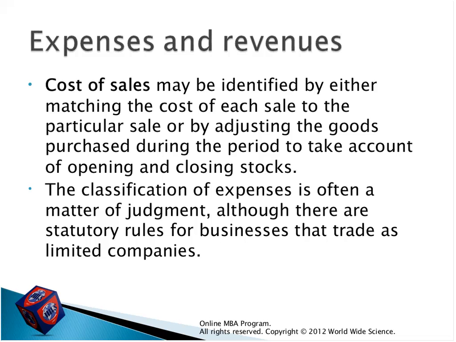So opening means at the start of the year, we make a calculation of how much we have in inventories, in our stocks, right? The closing stocks is the amount of inventories at the end of the year.